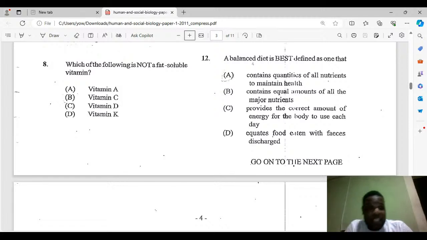C and B is for water soluble, and ADEK is fat soluble. ADEK meaning vitamin A, D, E, K are all fat soluble, Melissa. And vitamin C and B is water soluble. So guys, I'm gonna lean to A for a balanced diet.